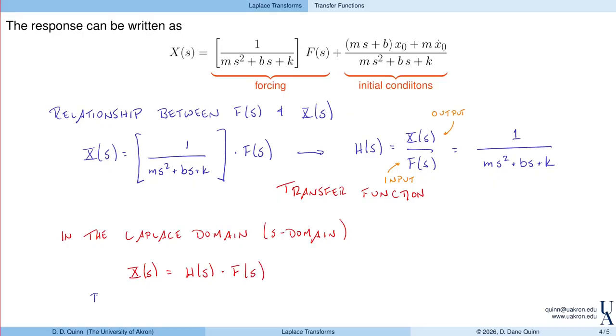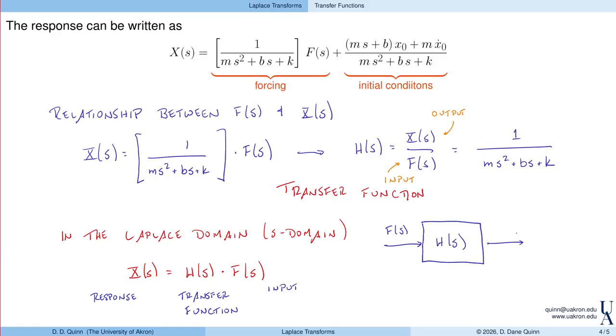So we have the response, we have the transfer function, which is a property of the system, and then we have the input. This often gets represented pictorially in the following form. We have the forcing coming into a block, which describes the transfer function or the system, and then that gives rise to the response. So this is sometimes known as a block diagram.